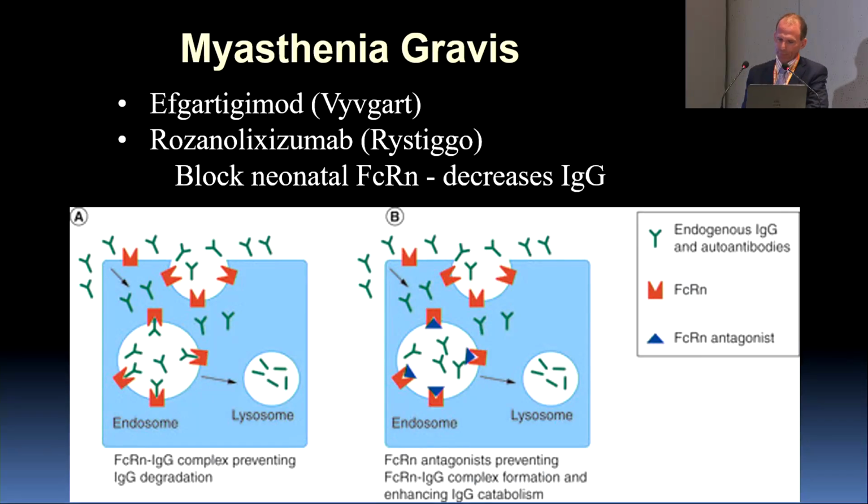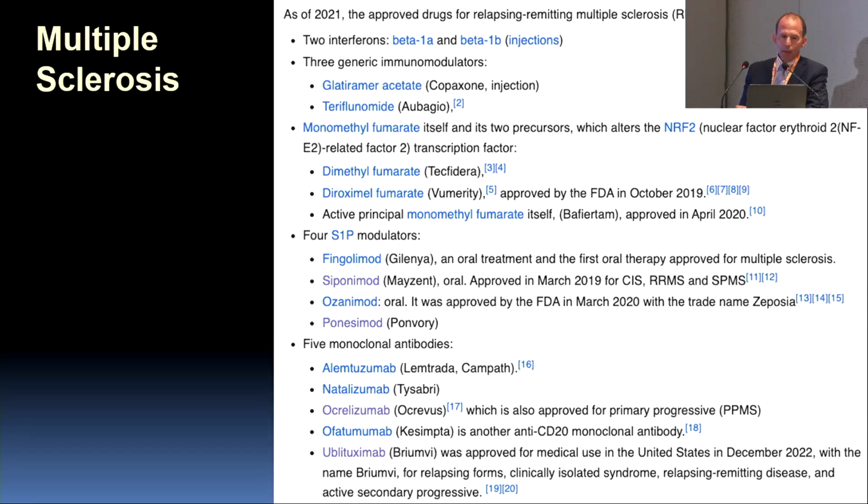For MS, there are many, many drugs available that have been approved. I show you this list not for you to really read all of it, but just to show you there's a lot of medicines. Some of these are decades old, and so again, I'm going to concentrate on some of the newer ones that have been approved, and again, two main classes.